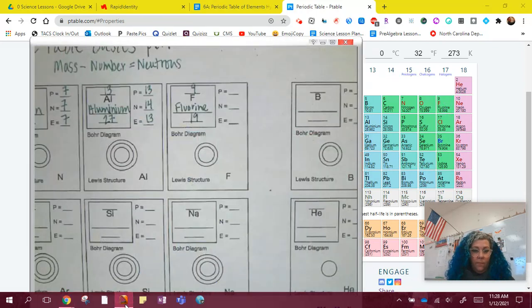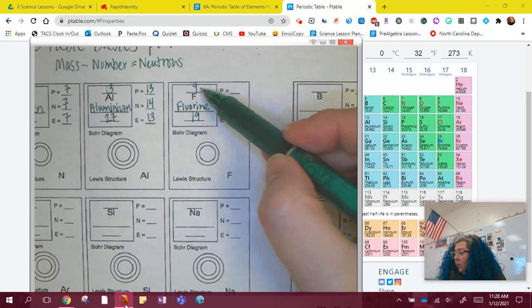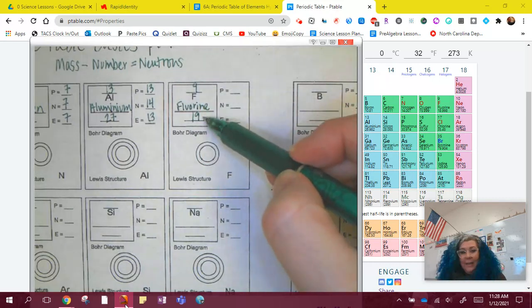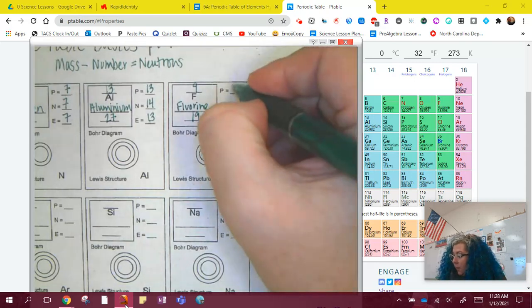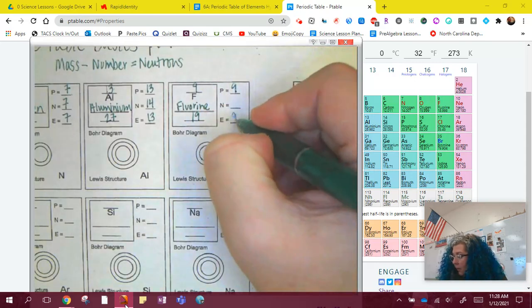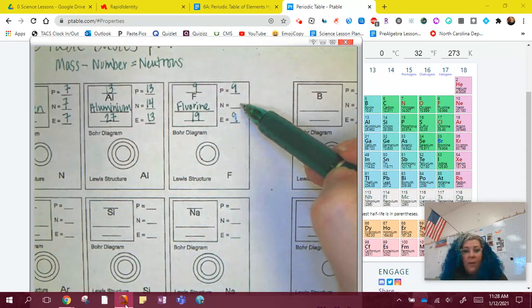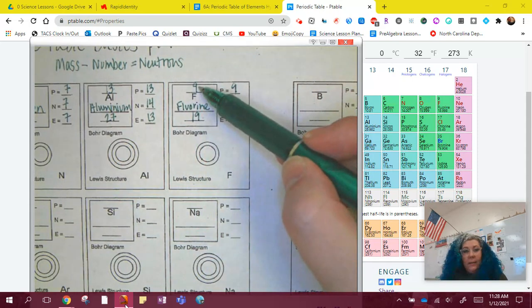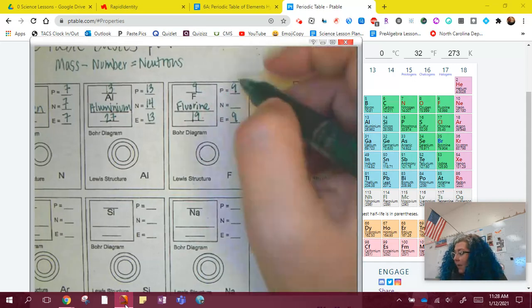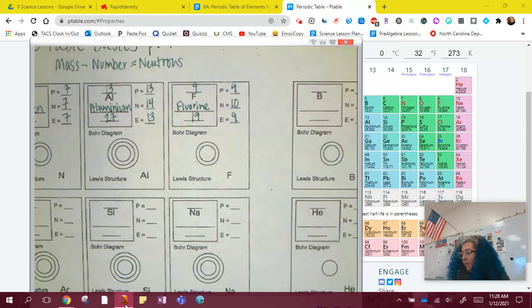All right, so in yours, you should write 9, fluorine, and 19. So remember, atomic number are your protons and your electrons. Neutrons, we have to do some work. So neutrons, you're going to go mass minus the atomic number, and 19 minus 9 is 10.